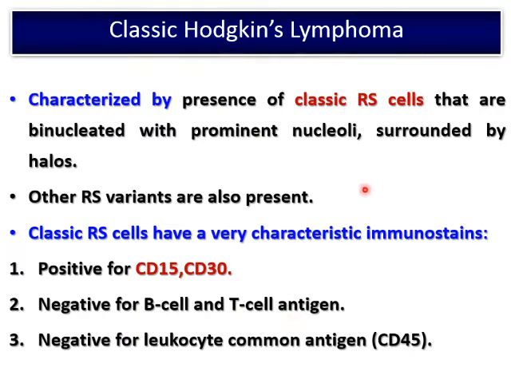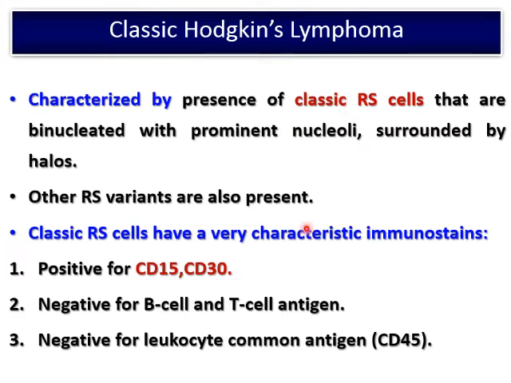Classic Hodgkin lymphoma is characterized by the presence of classic Reed-Sternberg cells, with a lobed nucleus and prominent nucleoli. Other variants can also be present, but we must have the classic variant. The classic RS has a very characteristic stain pattern. It is positive for CD15 or CD30.